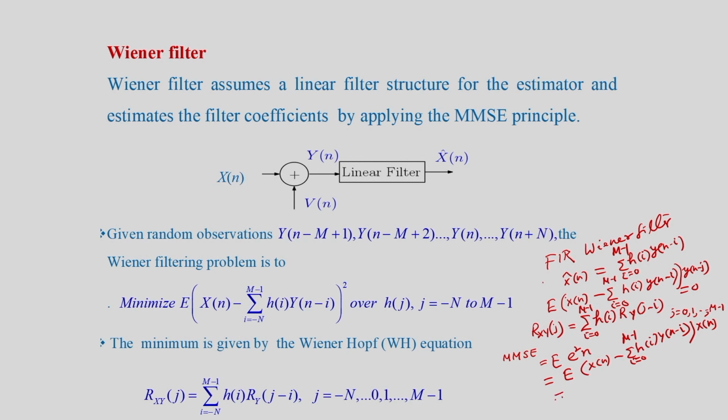So, that way we got it as Rx of 0 minus summation hi into Rxy of i, i going from 0 to M minus 1. So, this is the minimum mean square error.